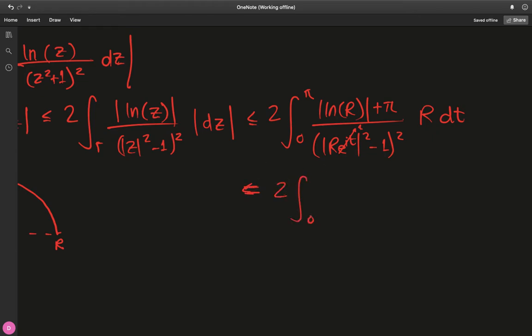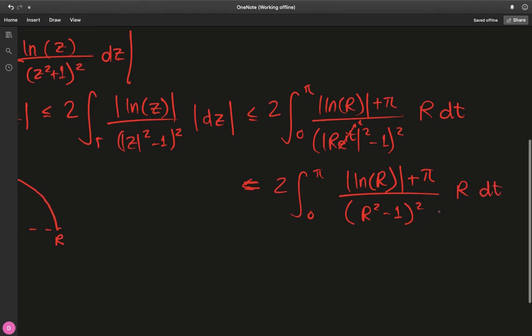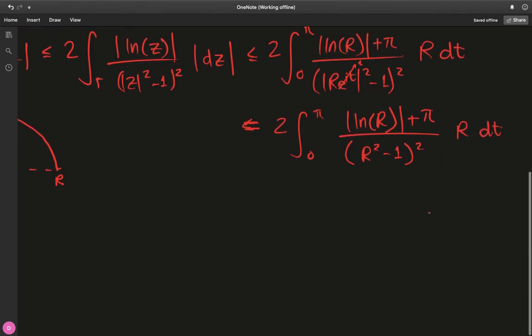2 times integral from 0 to pi of mod of natural log of r plus pi divided by r squared minus 1, the whole thing squared, with an r dt here. And now this is actually a very important step.